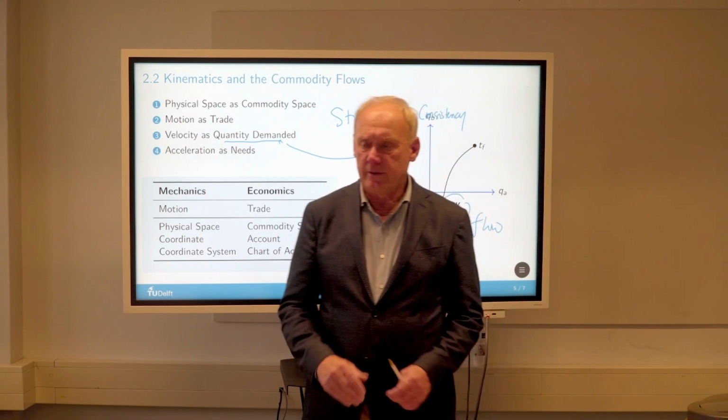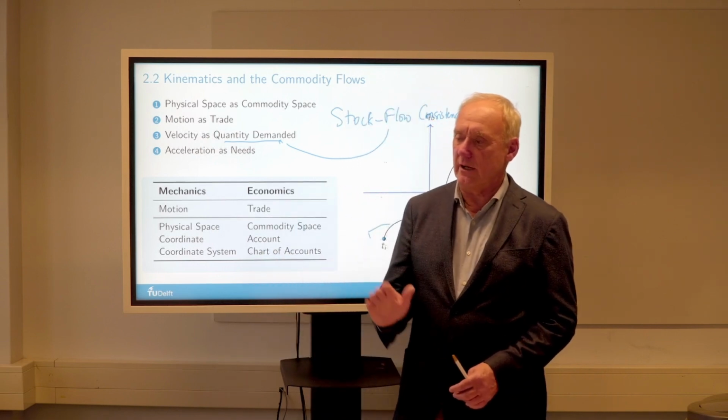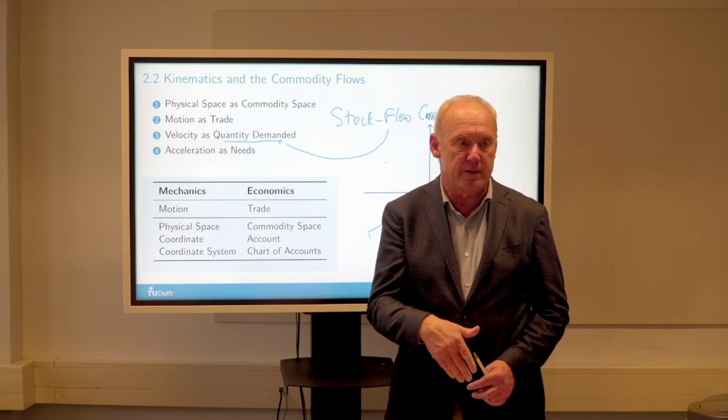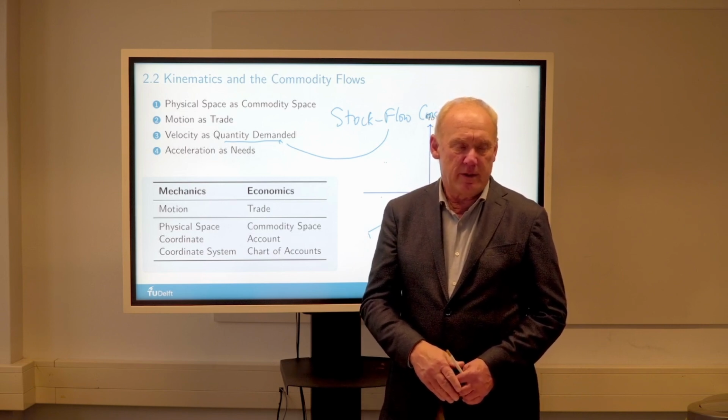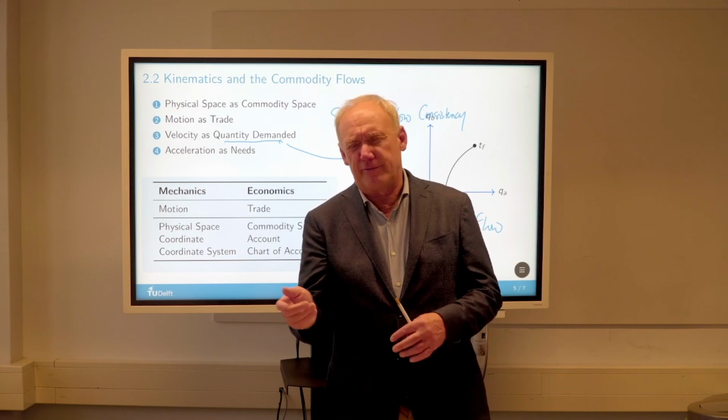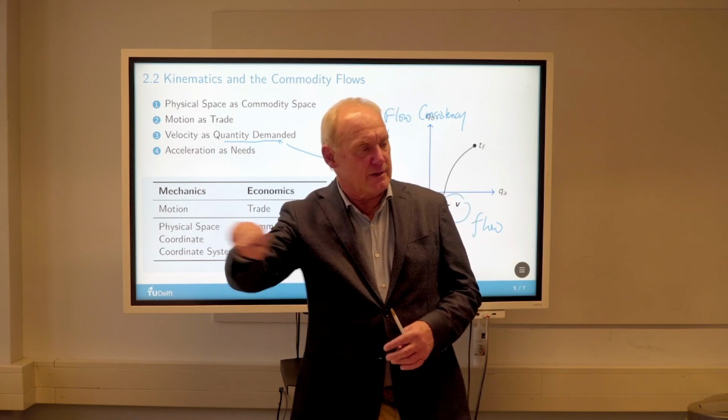Okay. So Newton's definition of velocity we adopt as the definition of either the flow or the quantity demanded. All right. Quantity demanded is just the mobility analog, and the flow is the current analog.